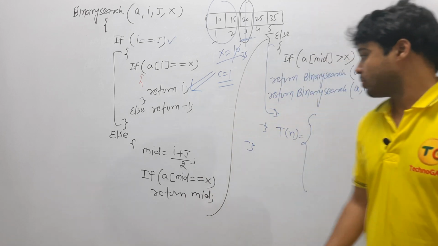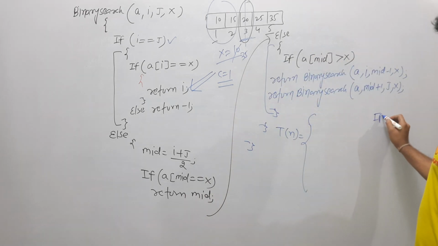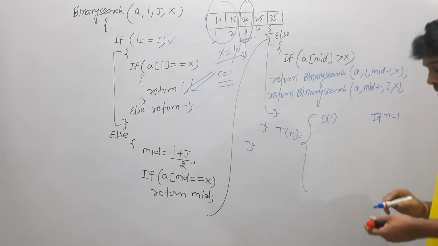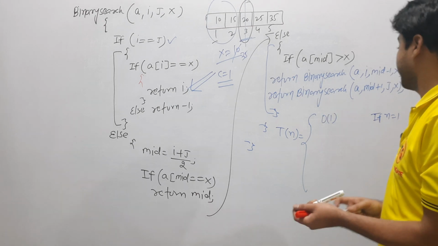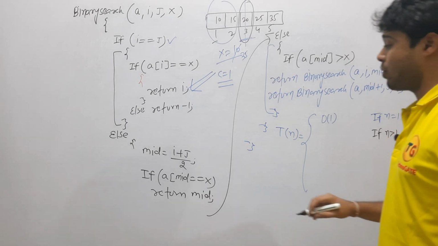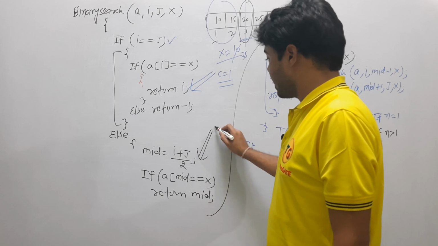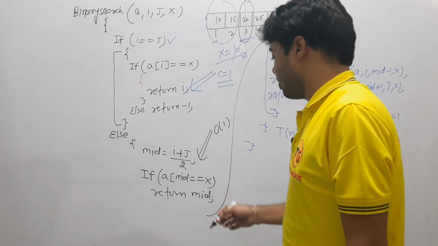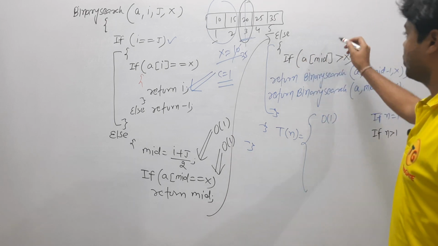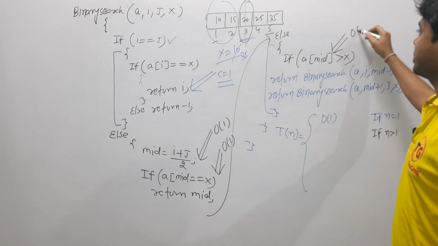So if n equals 1, constant time. If n is greater than 1, we have to find the mid element, which takes constant time. Again we compare whether the element is at the mid position, constant time. Again we check whether it is greater than or less than mid, constant time.